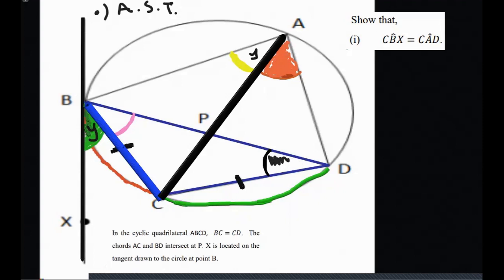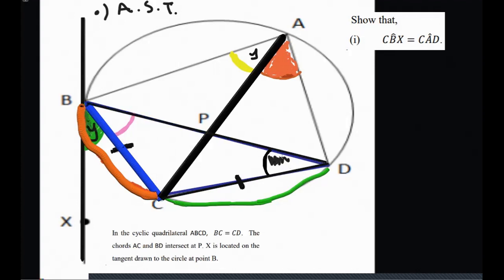What is at D? Look at the arc. Which arc is it? It's arc CB. See how the lines go. Let's draw the lines from C. This goes, and from B, here it goes.